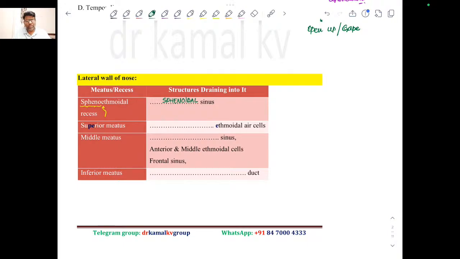So for the sphenoethmoidal recess, the answer is quite easy to remember. Very good, sphenoid, yes. This is also known as supreme meatus. In some books you can find this is known as supreme meatus, and in the supreme meatus there is the opening of the sphenoid sinus.